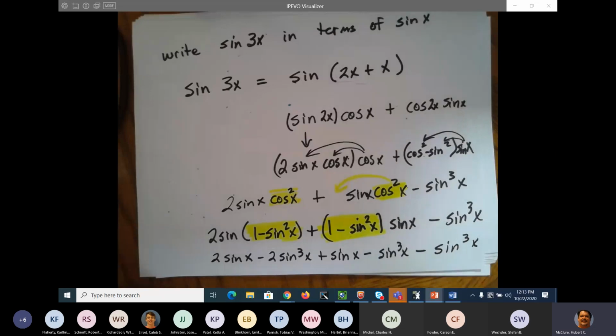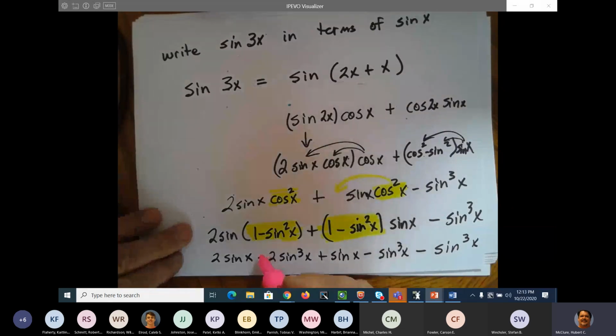Good gracious, I didn't expect all that. And I'm going to highlight the cubes.